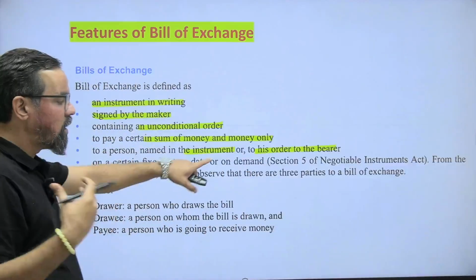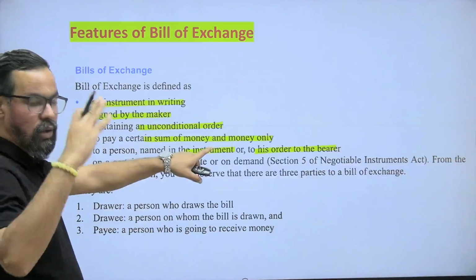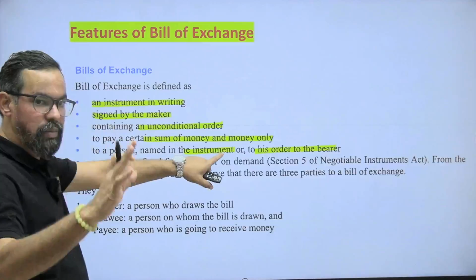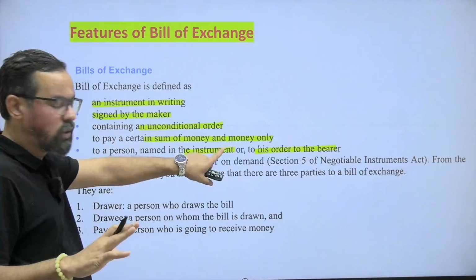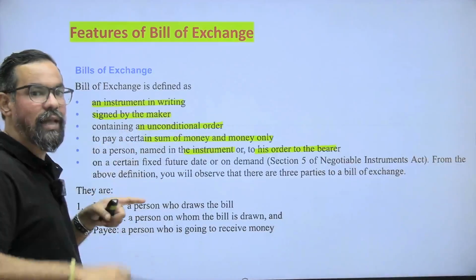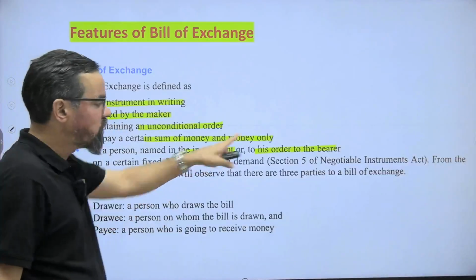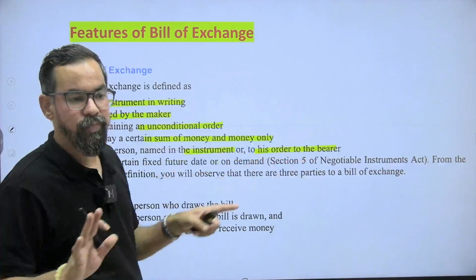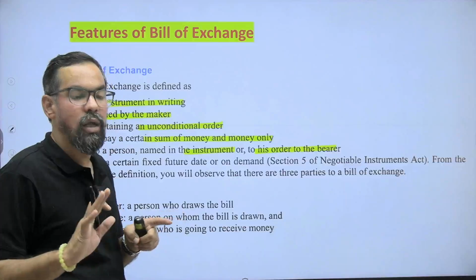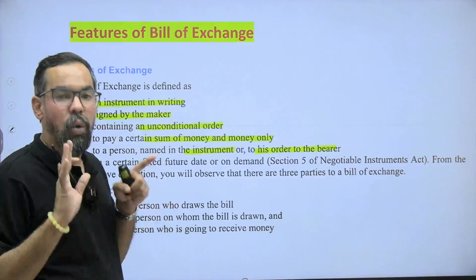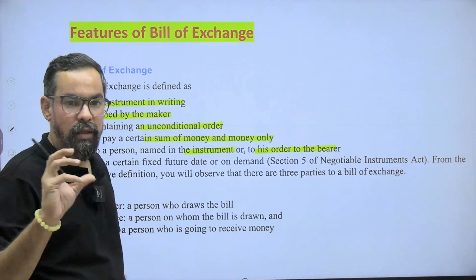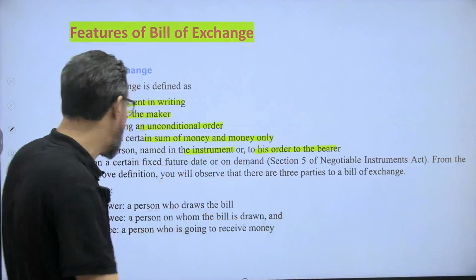Like let's say Mr. A draws a bill on B: you have to pay me this amount. Later on, A assigns or endorses that bill to C. So now the bearer is C, and if he fulfills the due course requirements and all, he will be part of this.